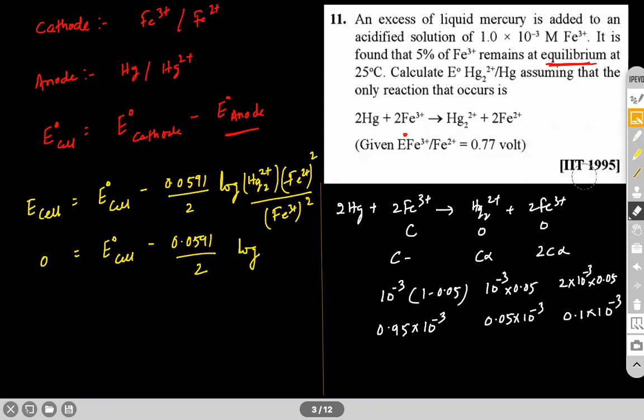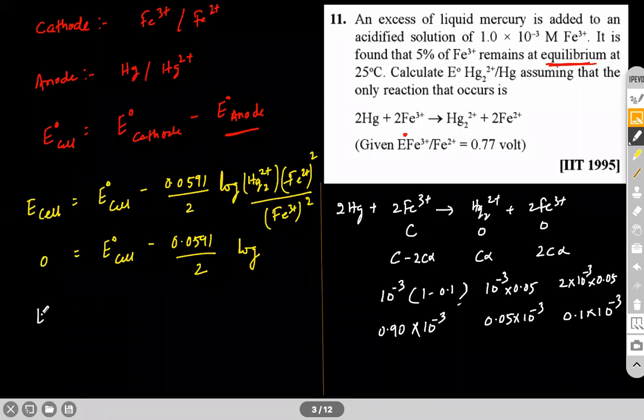You see, this should be 2C alpha, no? Because 2 we have here. 2C alpha. So this will be 2 alpha, and 2 alpha is 0.1. So this is the concentration we have. Now when we substitute all these values here, we'll find out E naught cell, right?